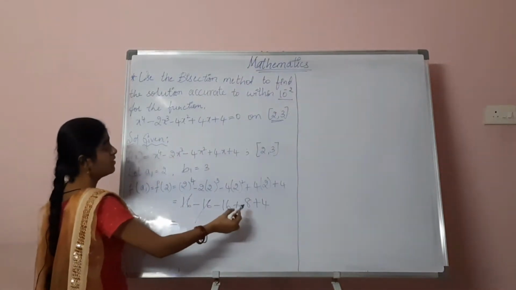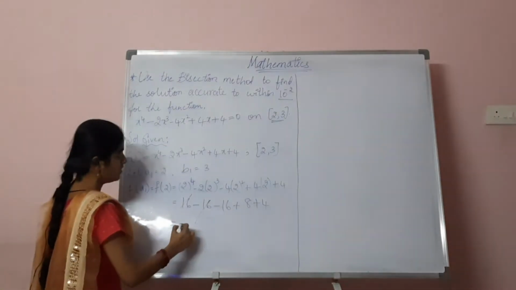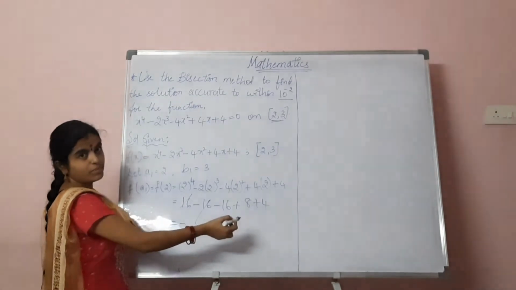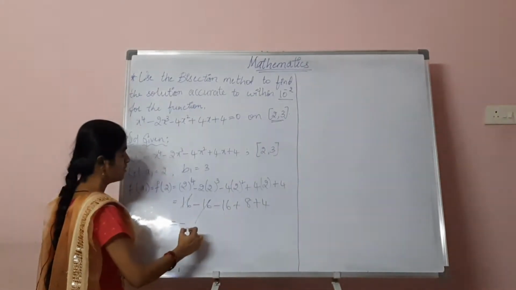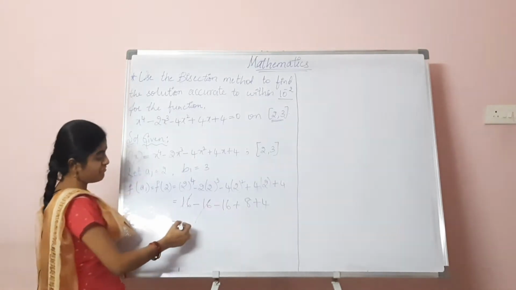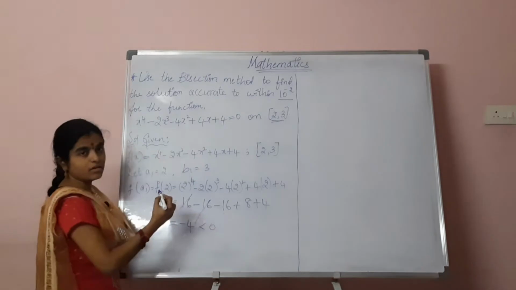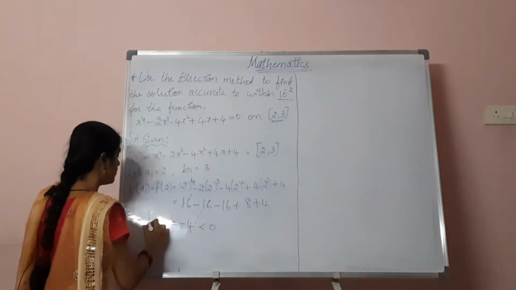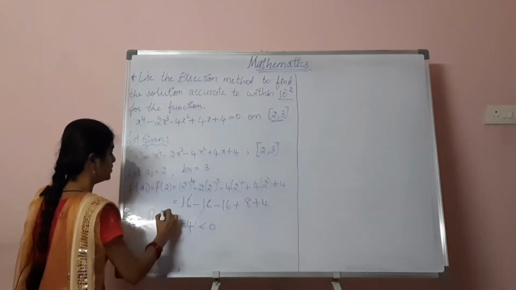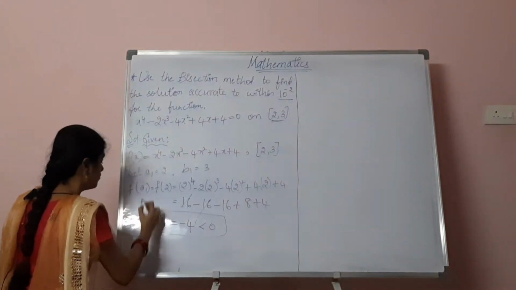Minus 16, 8 plus 4 is 12. So minus 16 plus 12 is minus 4, because the bigger number has the negative sign, so we take the negative sign. Minus 4 is less than 0. This is our f of a1, which is less than 0.